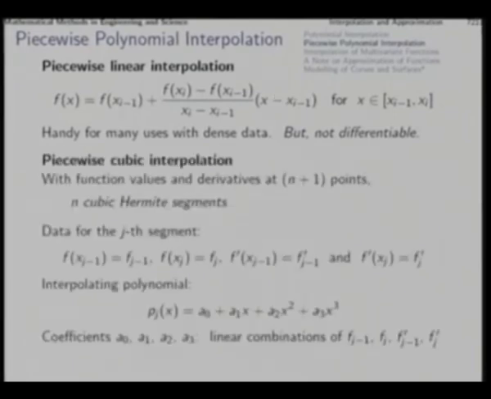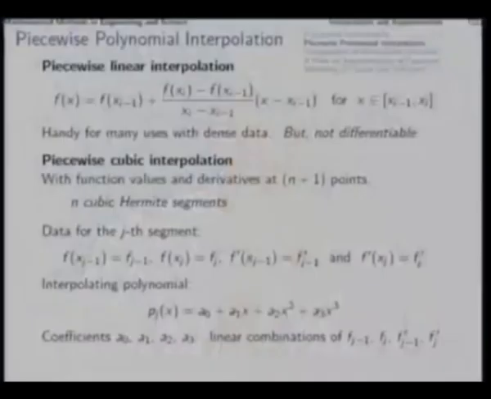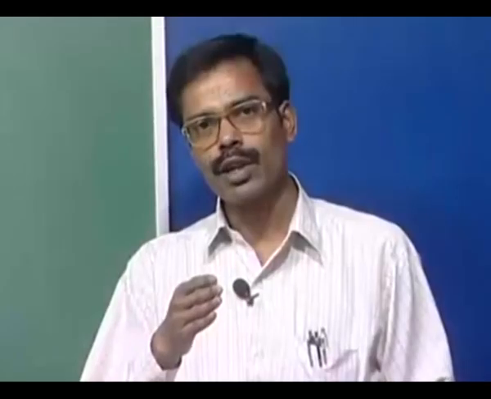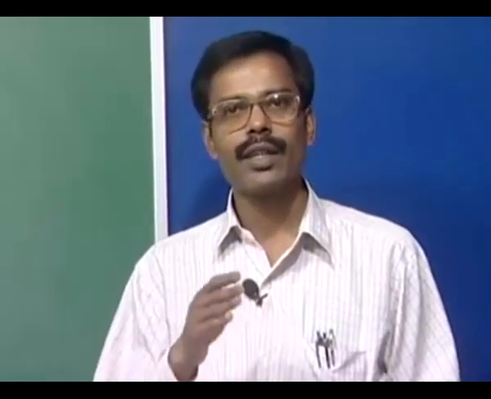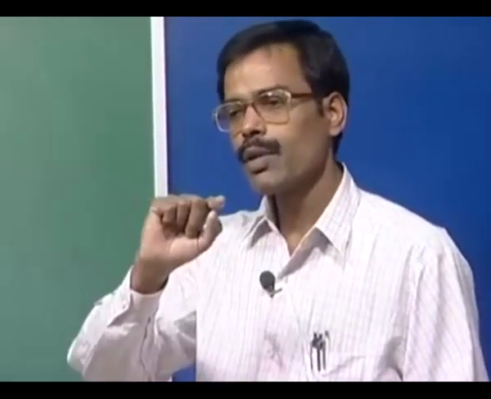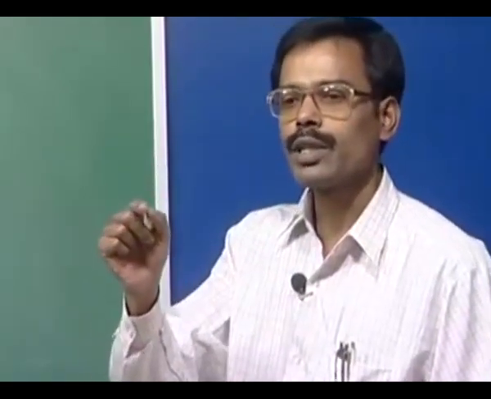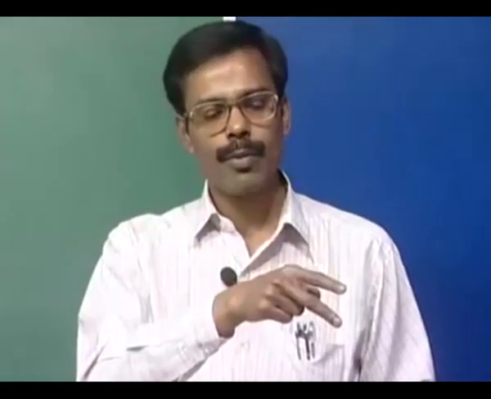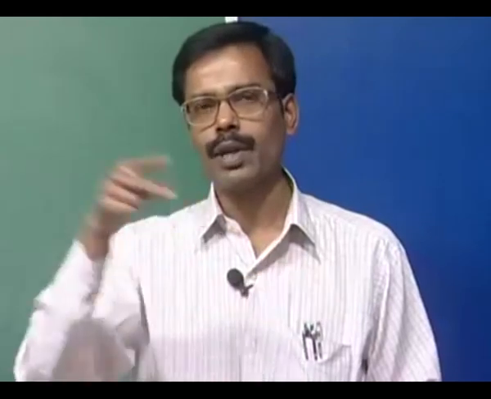Next higher interpolation typically used and very popular representation is piecewise cubic interpolation. Now, this is typically Hermite segments. What you do in this piecewise cubic interpolation is that at the data points you have got the function values and the derivative values, and then for every pair of points you try to frame a cubic with the help of two values here, function and derivative, and two values there.